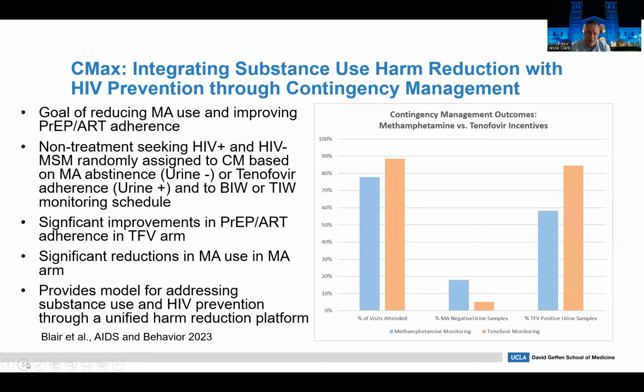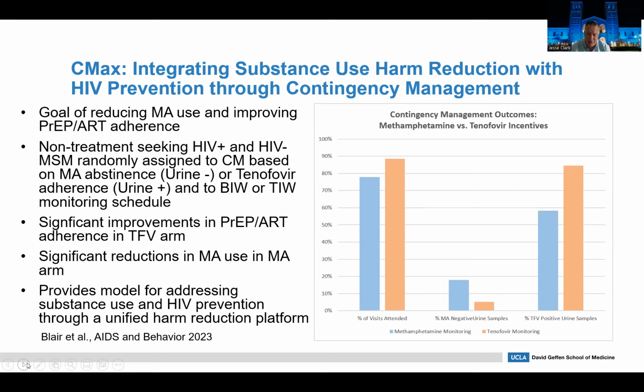Among people assigned to monitoring for tenofovir, there were significant improvements in their ART PrEP adherence. You can see in the columns on the right. And among people assigned to the meth use arm, even though they weren't seeking to stop treatment, there were significant reductions in their meth use as well, as documented by urine drug screen.